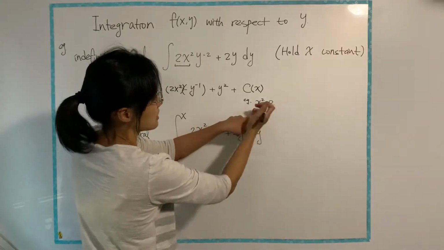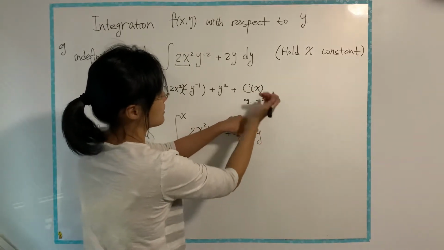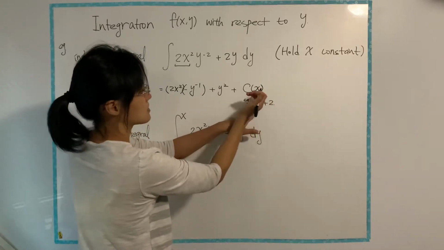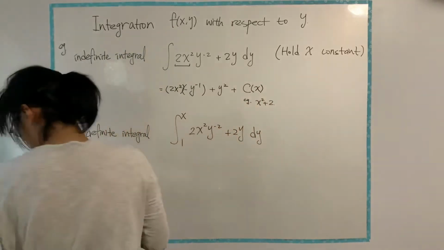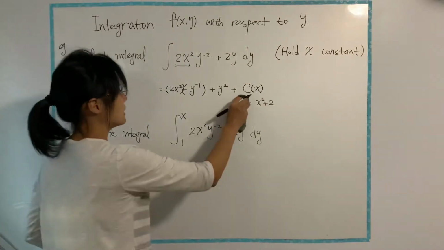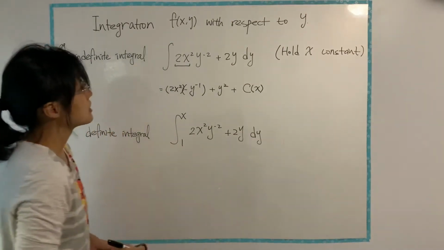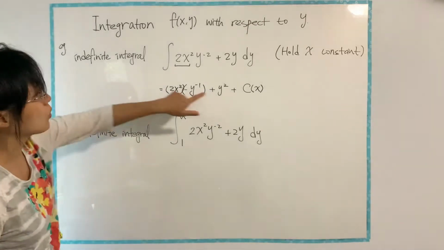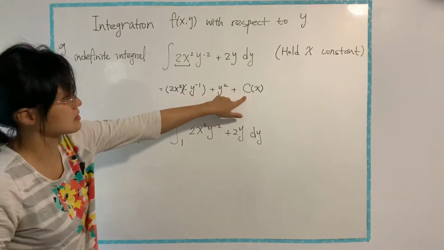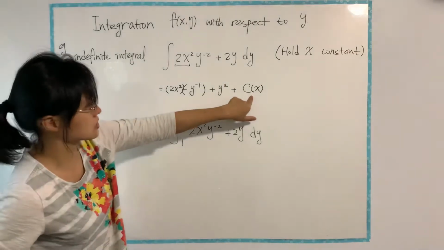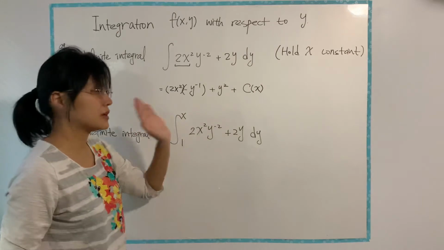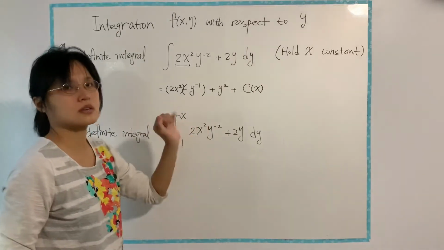So we can say this is a function of x. If it only involves x, has nothing to do with y, in the eyes of y, this is a constant. So just to keep in mind when we are dealing with indefinite integral, when we write the constant, it's gonna be a function of the variables that you see them as a constant.